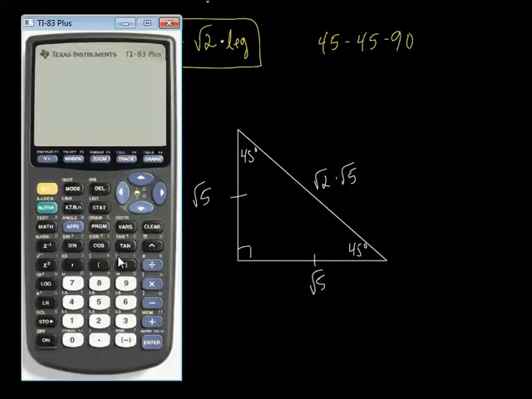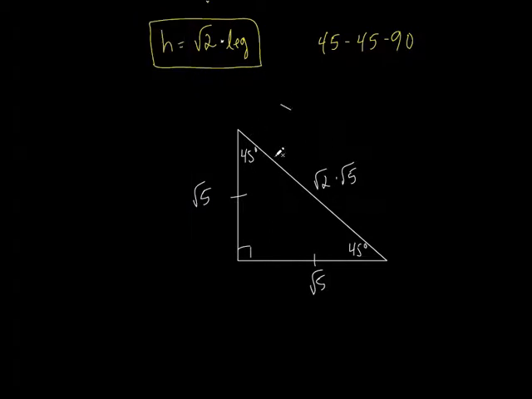What is square root of 2? Look, let's punch this in a calculator and look at it. Square root of 2. See, it's 1.4142, blah, blah, blah. So it's 1.4. So it's not quite 1.5. So what does that mean? That means the hypotenuse is 1.4 times as big as the leg. Do you see that?